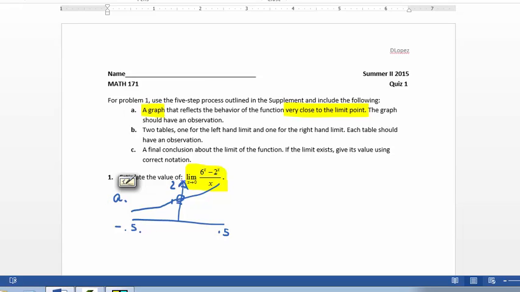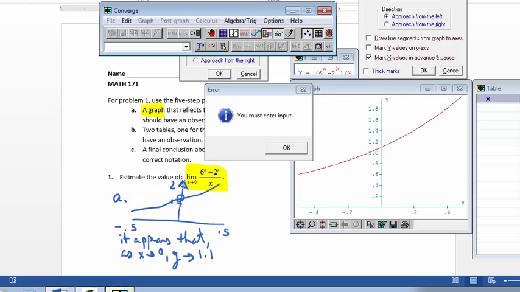So the idea of this is the observation: it appears that as x approaches 0, y approaches 1.1.